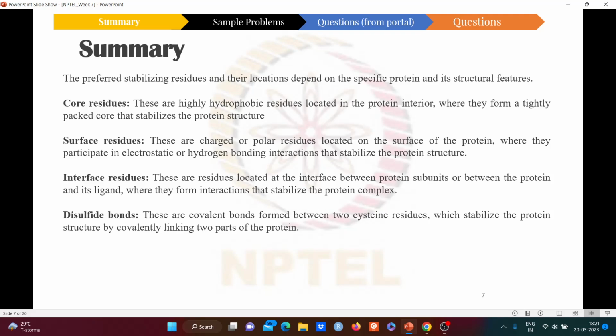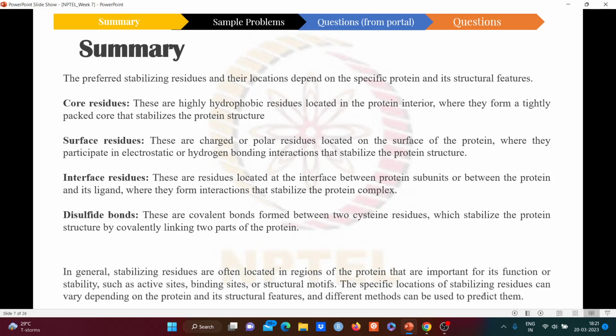Next is the disulfide bonds. So these stabilize the protein structure by covalently linking two parts of a protein. These disulfide bonds can be predicted using methods such as conservation analysis of cysteine residues or prediction of disulfide bonding patterns.